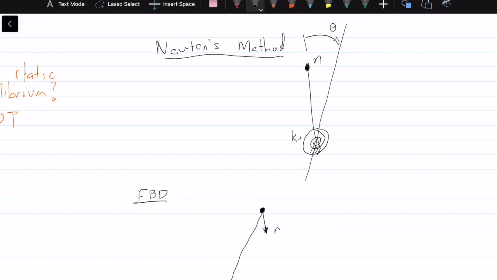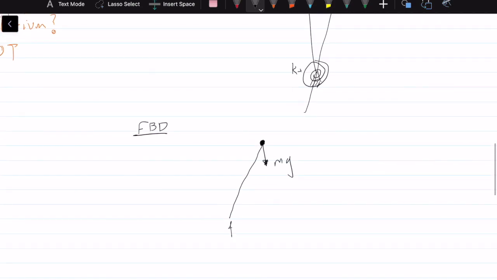We have mg, we have our reaction forces, but we're going to take moments about that point, so we don't care about them. Okay, this spring is going to oppose the motion. Okay, and then we can just finish it off by putting that angle theta. Okay, so I'm going to name this point O.